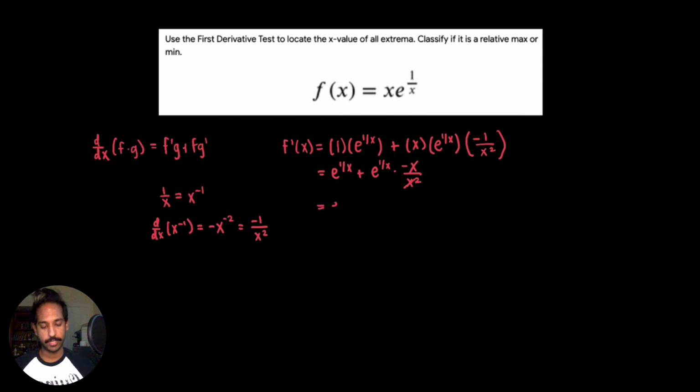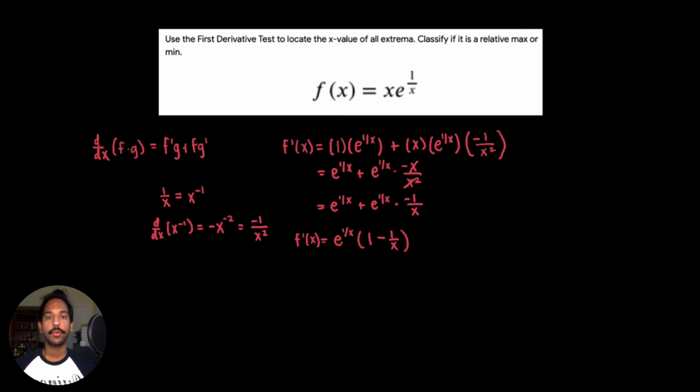So this becomes e to the power of 1 over x plus e to the power of 1 over x times negative 1 over x. I see that I can factor out an e to the 1 over x from both of these terms. So my final derivative I get is e to the power of 1 over x times 1 minus 1 over x.